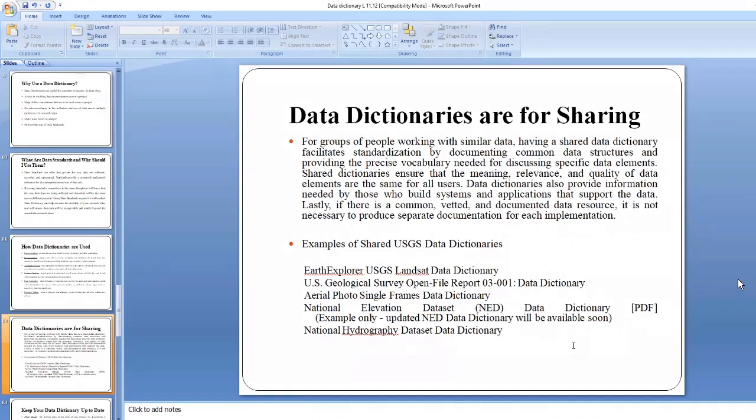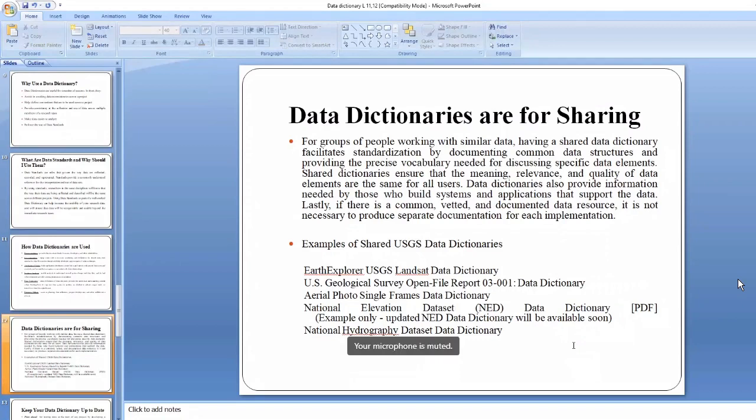Okay. So data dictionaries are for sharing, where we can take data and work on it. For example, when we are working on major projects and minor projects, usually we take a data set from another organization, we work on it, we train it, and we try to see whether a model is working properly or not.